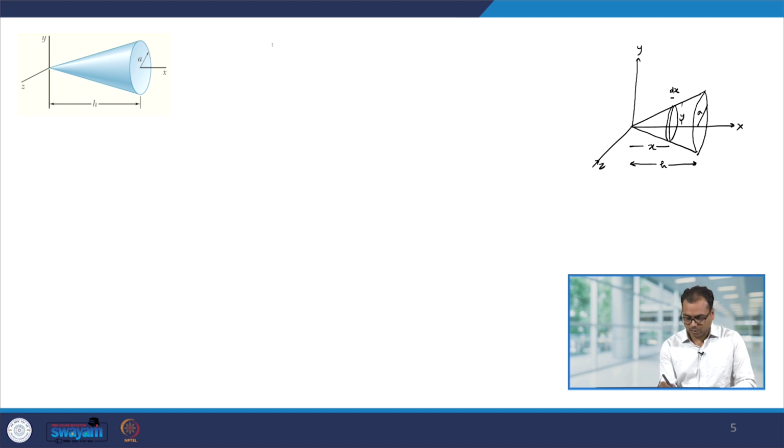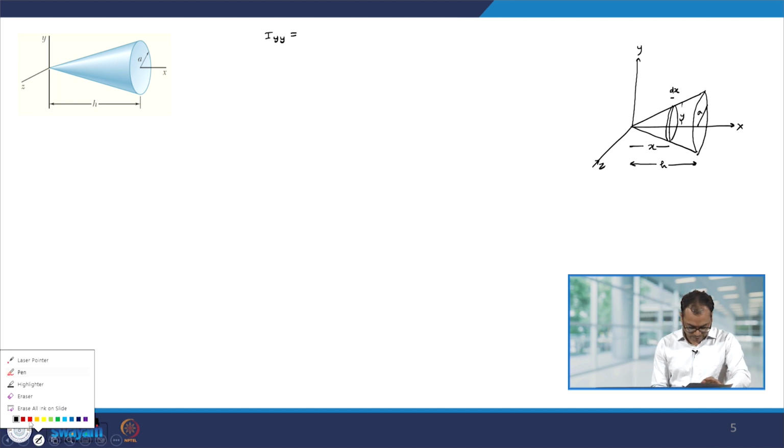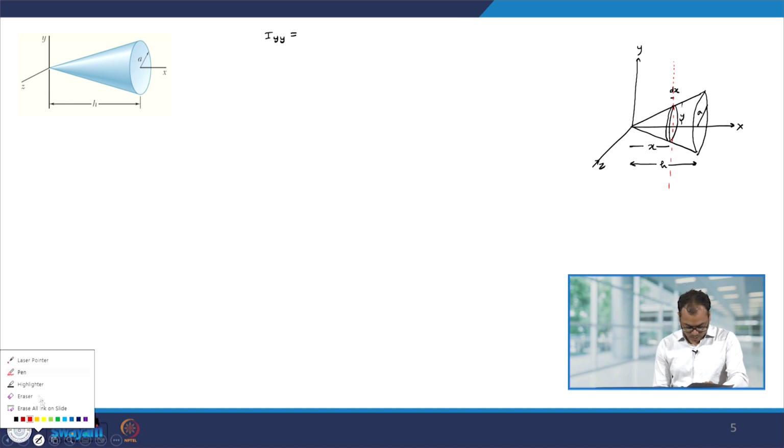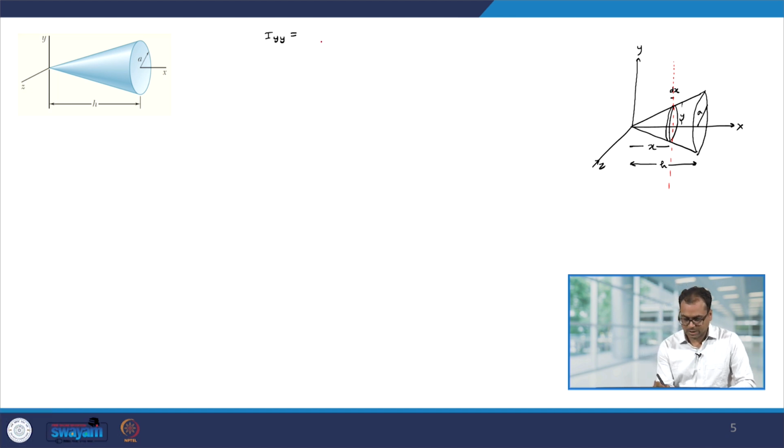Now, we want to find out the moment of inertia about the y axis. So, to find out the moment of inertia about the y axis, I have to first find out the moment of inertia of this disc about this axis and then I can use the parallel axis theorem. Okay. So, the moment of inertia of this disc about this line is 1 by 4 dm y square.